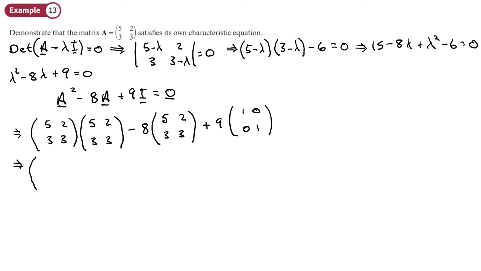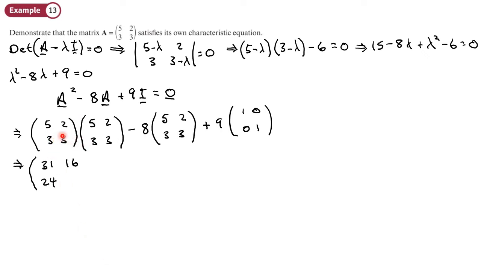Right, so we're going to have 5 times 5, which is 25, plus 6, which is 31. Moving off to the second column, we're going to have 10 plus 6, which is 16. Bottom row, we're going to have 15 plus 9, which is 24.